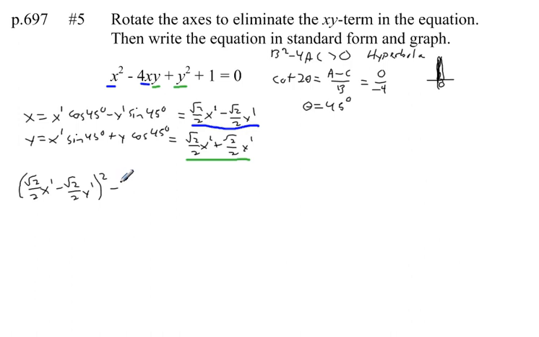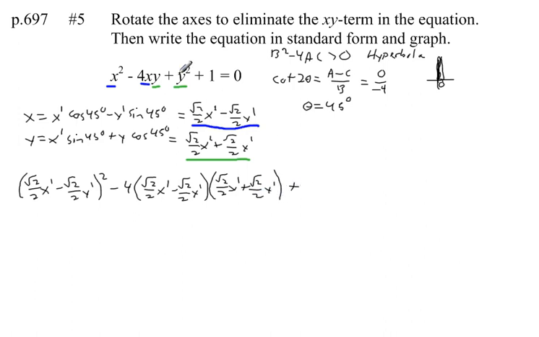Minus, instead of writing 4 times x times y, we're going to write 4 times my new x, which is the square root of 2 over 2 x prime minus the square root of 2 over 2 y prime, times my new y, which is the square root of 2 over 2 x prime plus the square root of 2 over 2 y prime.